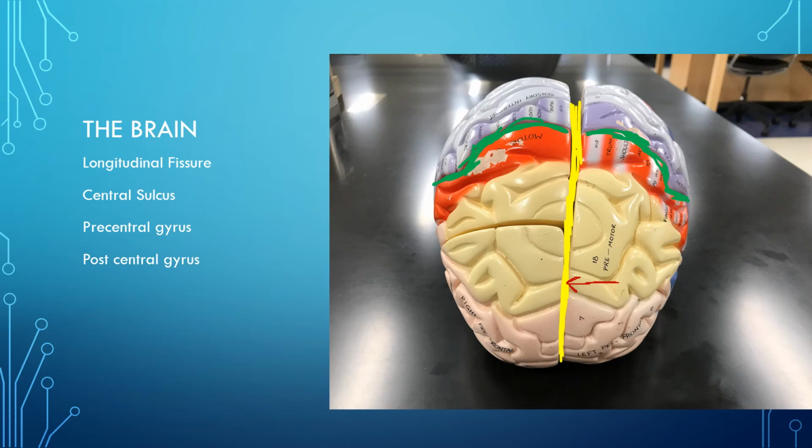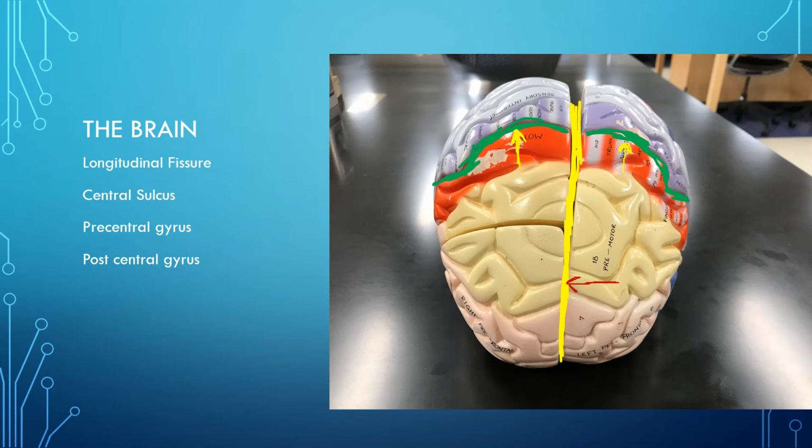Another important landmark on this model is the central sulcus, which is highlighted by this green line right here. The central sulcus separates the frontal lobe from the parietal lobe, but more importantly, it's the landmark that shows us where the precentral gyrus and the postcentral gyrus are located.